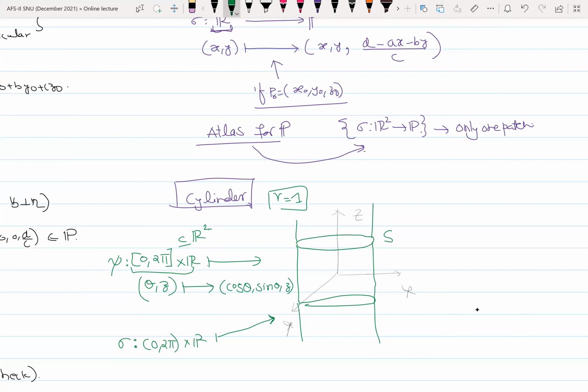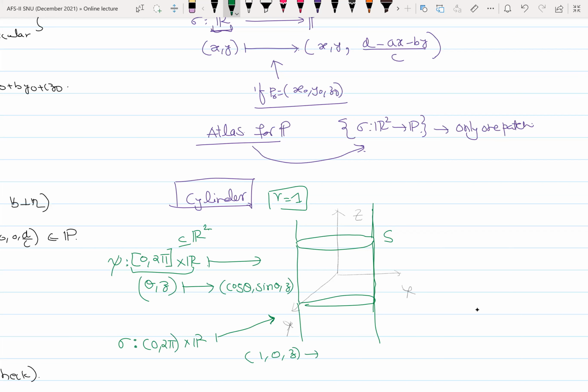No, one line is removed. Which is that line which will not be counted here? x is fixed here, so it is 1, 0, Z.